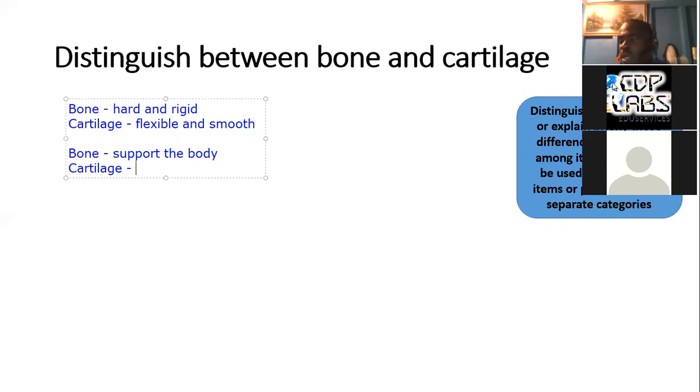Can you tell me, please? To reduce the bones from rubbing against each other. All right. So reduce friction, right? Yes, sir. So you can tell distinction either using the physical characteristics of the components, or you can use the function, because they are different in purposes and also different in characteristics, right? Properties.